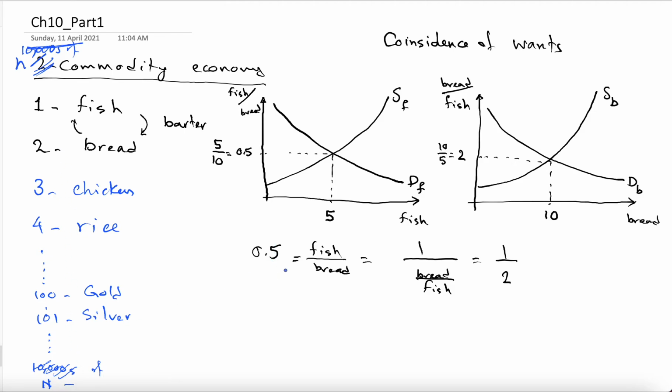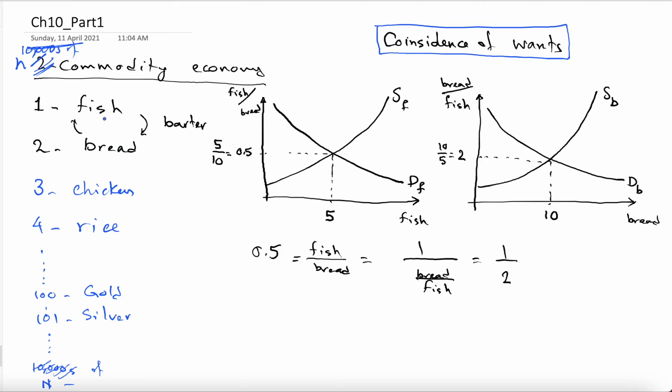In this situation, the coincidence of wants may not appear easily, because the fisherman goes to the bakery and says, I have fish, you have bread. And maybe the bakery wants chicken. Maybe the bakery wants rice. Maybe the bakery wants gold, silver, all the other items. So the chance of both answers being yes is low.